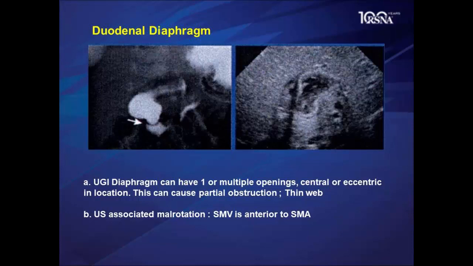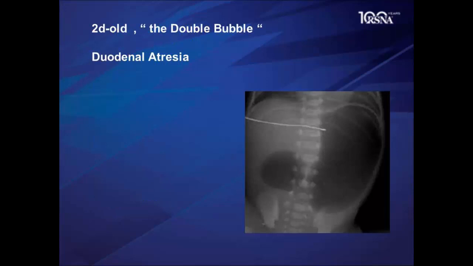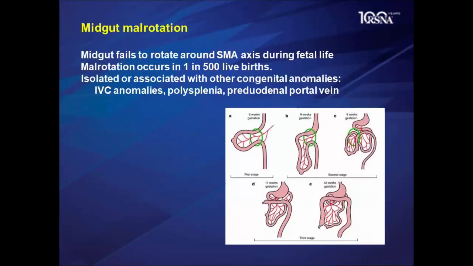So then they may meet a duodenal web or diaphragm missed by imaging. Of course, we would look for the associated possible vascular anomaly, like here we see the SMV is anterior to the SMA in this case. Just double bubble, a classic image for duodenal atresia.